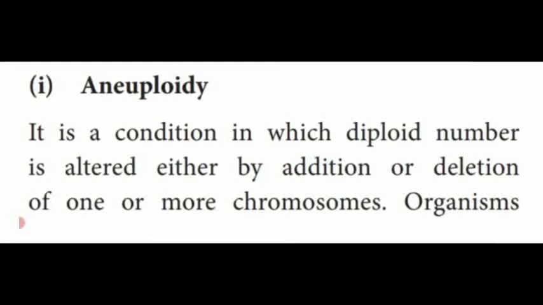Either altered by addition, for example 23 plus 1, which is 24 pairs of chromosomes, or by deleting, 23 minus 1 means 22. This is said to be one type of ploidy.